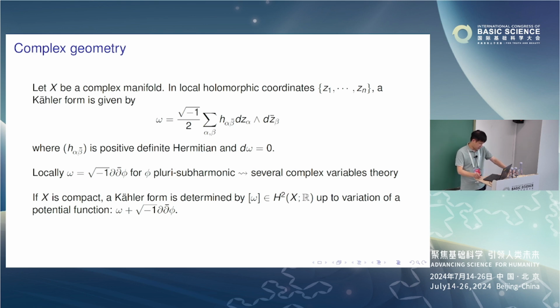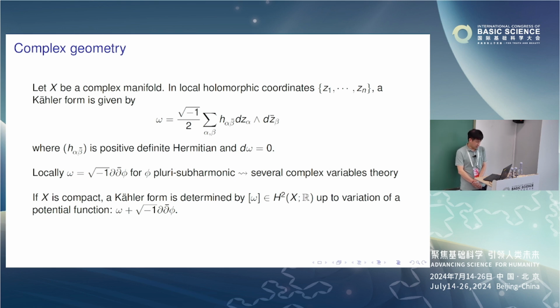An important fact is that given this condition, omega is determined locally by a single function phi, as i partial d-bar of phi, where phi is a plurisubharmonic function. So this makes obvious connections to several complex variables theory.